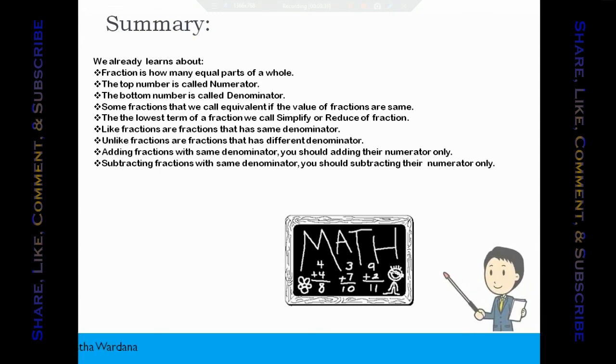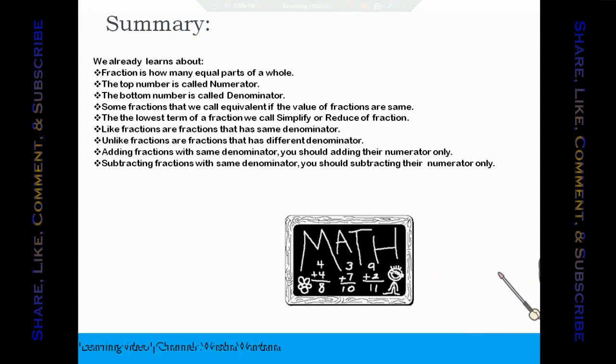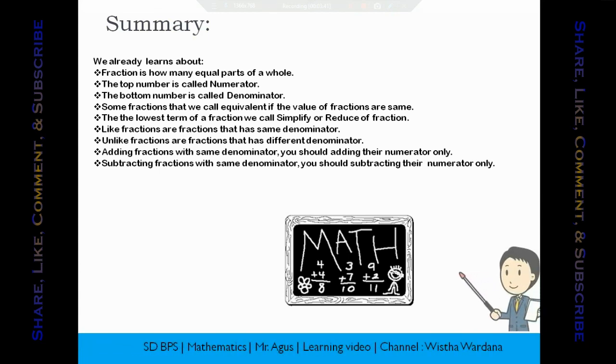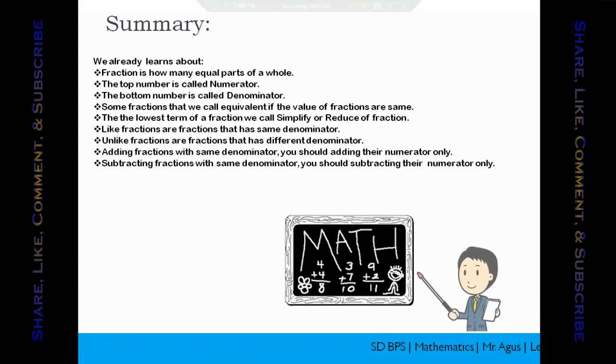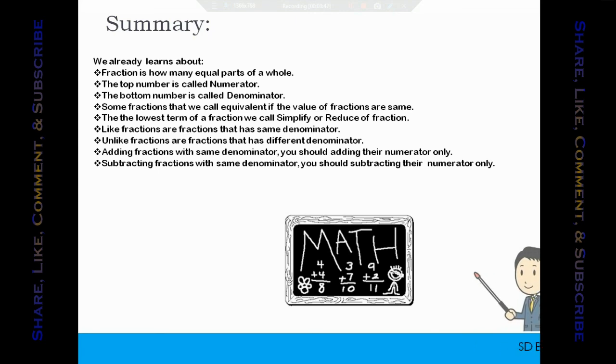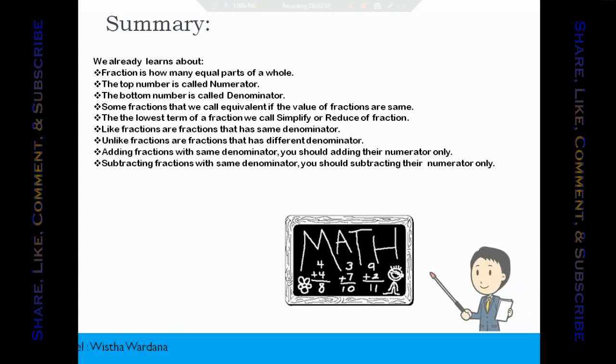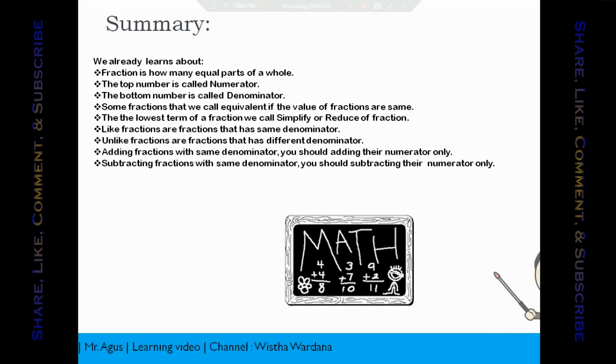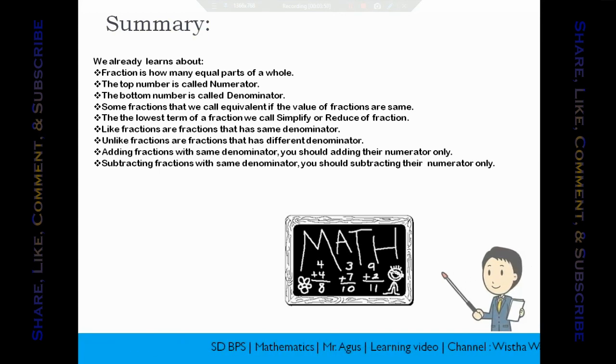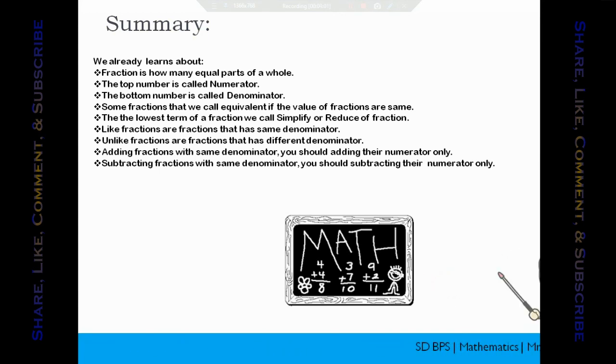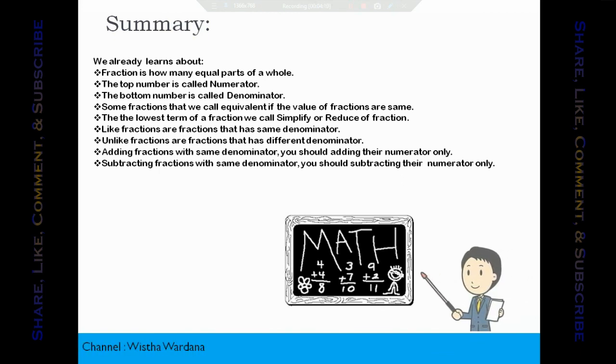Equivalent fractions are fractions with the same value. The lowest term of a fraction we call simplify or reduce the fraction. Like fractions are fractions that have the same denominator. And unlike fraction is the opposite of like fraction, which has different denominators.